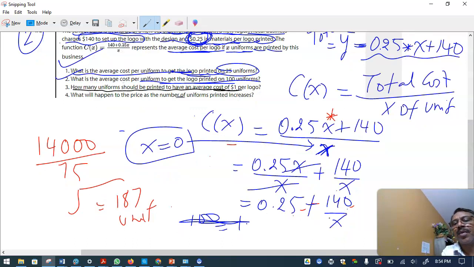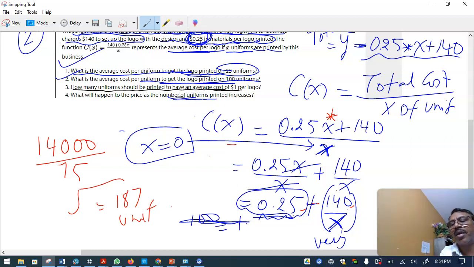And then when x is a very large number, this whole thing becomes very, very small. So what you are left with is 0.25. So as the number of uniforms printed is very large, then the average cost per uniform will be 0.25.